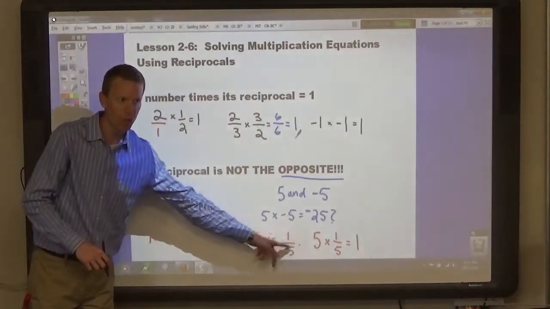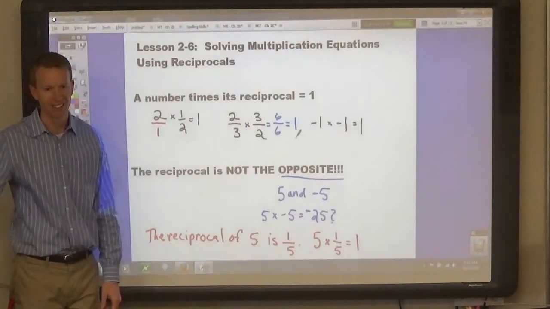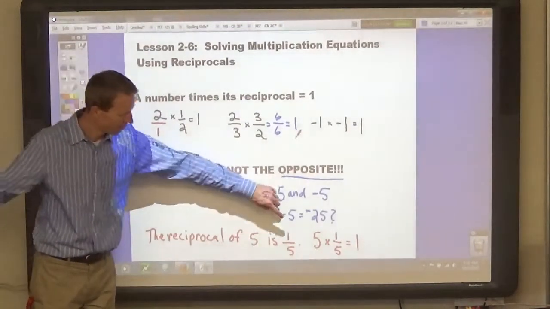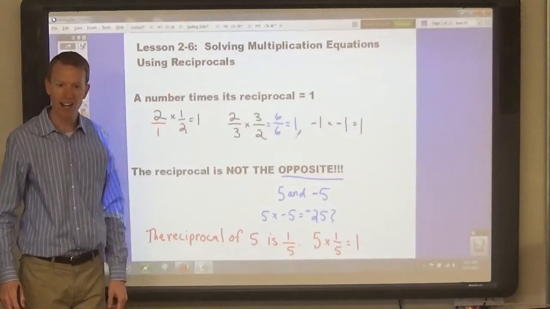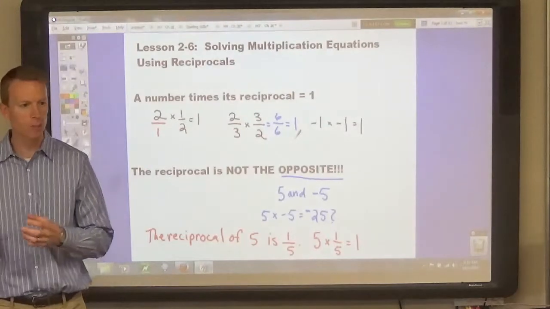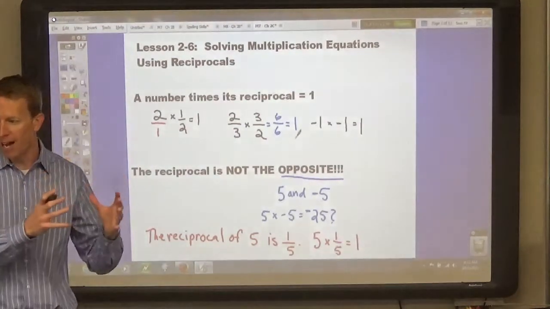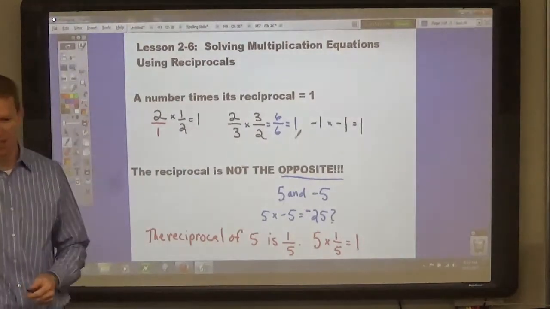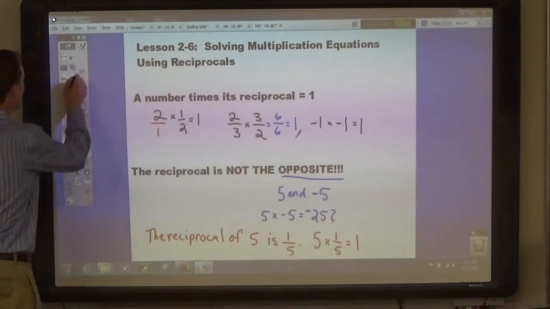What's the reciprocal of 1/5? Amelia. It's 5. They're reciprocals of each other. When you multiply 1/5 times 5, you get 1. Or if you multiply 5 times 1/5, you get 1. Exactly.